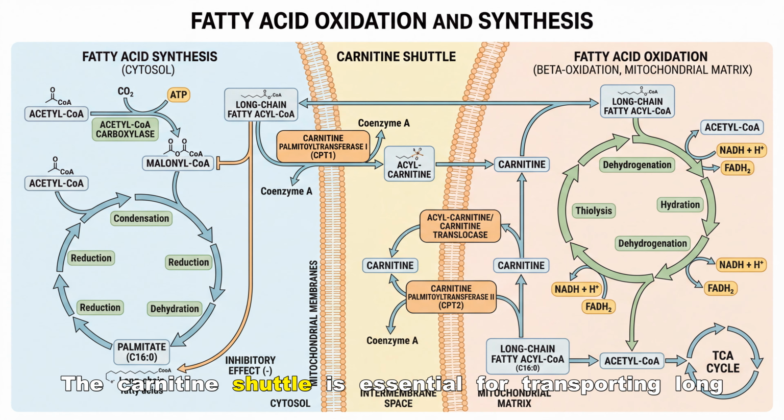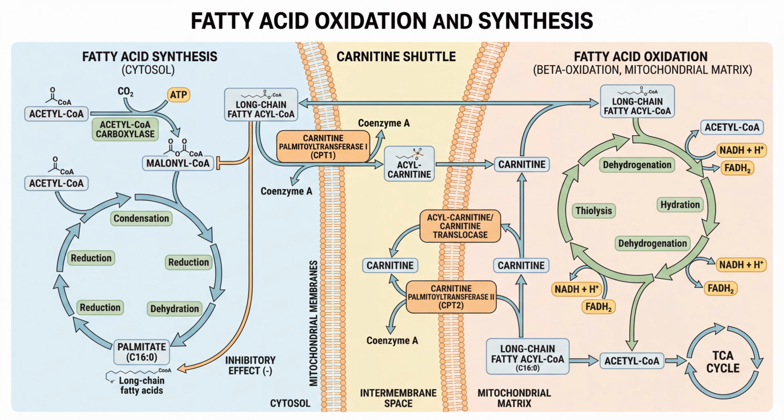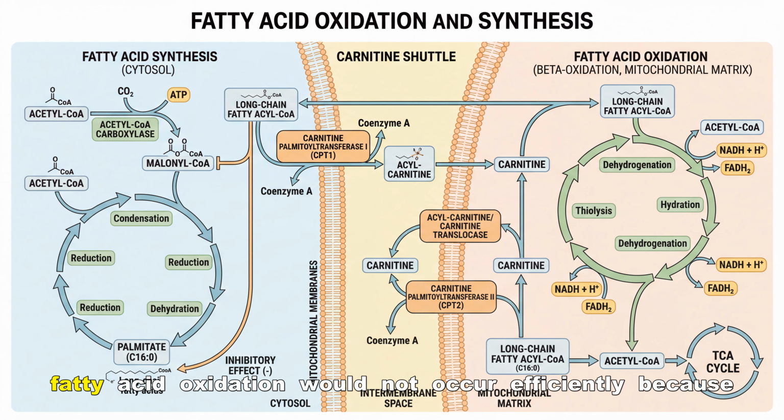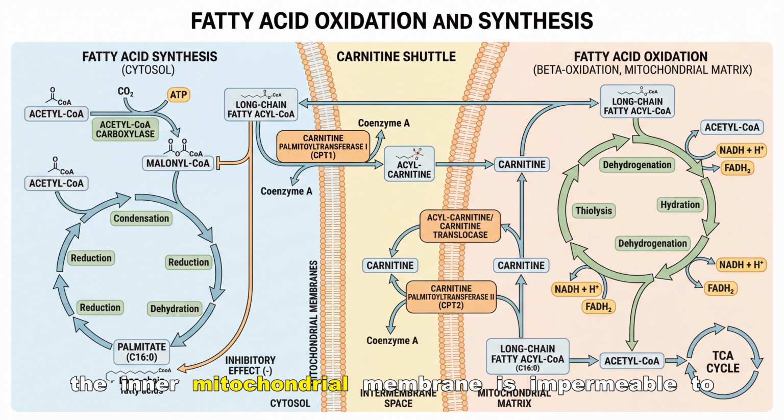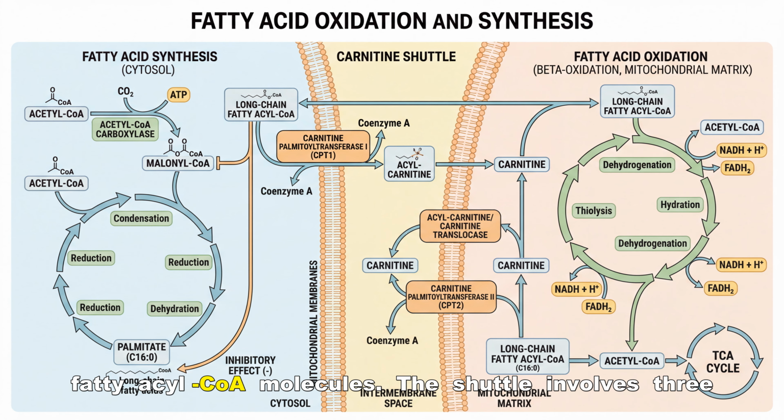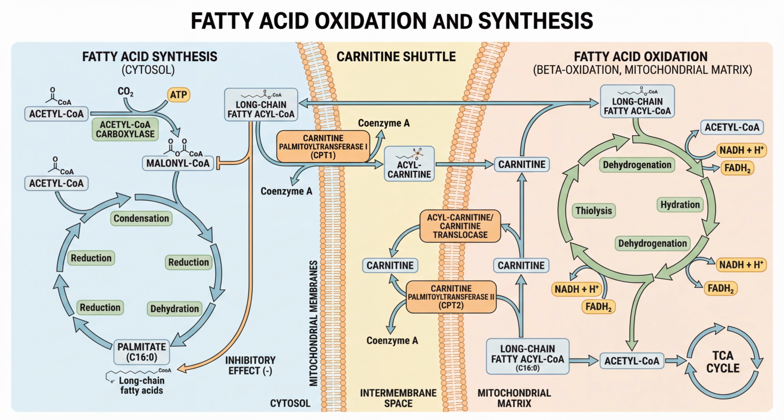The carnitine shuttle is essential for transporting long-chain fatty acids into the mitochondrial matrix for beta oxidation. Without this system, fatty acid oxidation would not occur efficiently because the inner mitochondrial membrane is impermeable to fatty acyl-CoA molecules. The shuttle involves 3 main components: carnitine acyl transferase 1, a translocase, and carnitine acyl transferase 2.